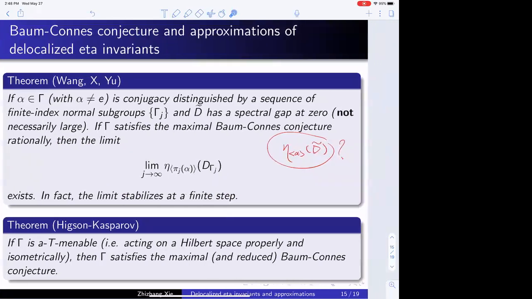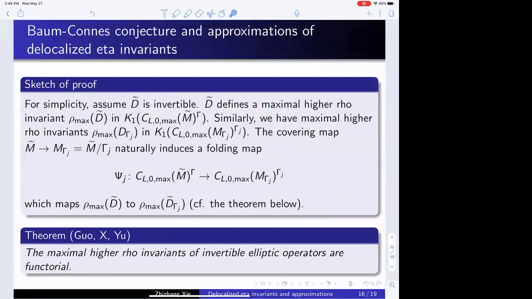Okay. So here's the sketch of the proof. Once you put all the gadgets in the right place, the proof is relatively straightforward. So first, for simplicity, let me just assume d tilde is invertible. Of course, the exact same proof would work if you assume d tilde has a spectral gap at 0.